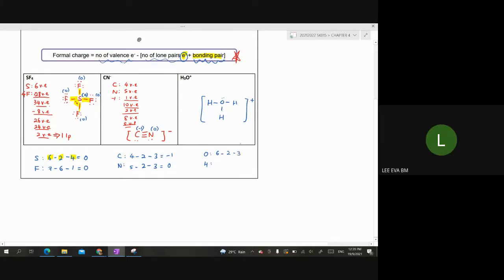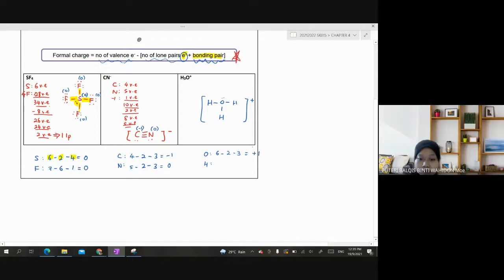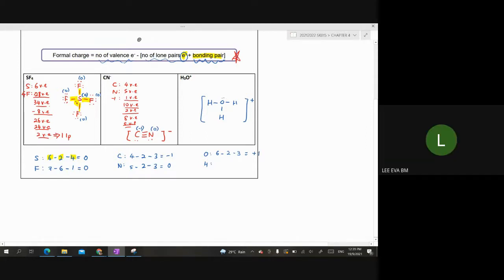Two dots, three lines. So oxygen has a positive 1 value. How about hydrogen? Valence electron 1. There is no lone pair electron, but hydrogen has one line, so 1 minus 1 is 0. So all of the hydrogens have a formal charge of 0, and the oxygen has a formal charge of positive 1.